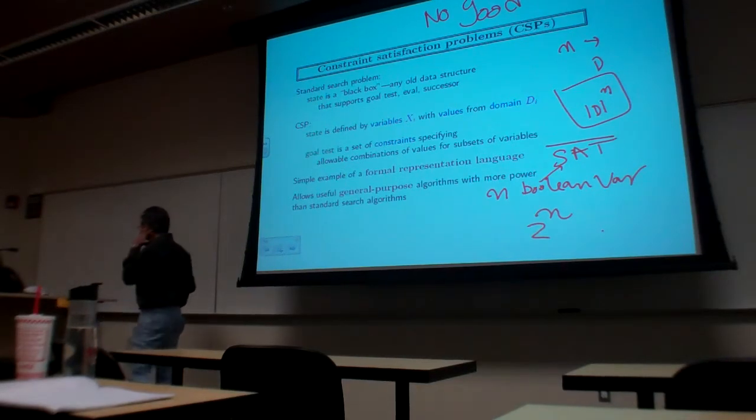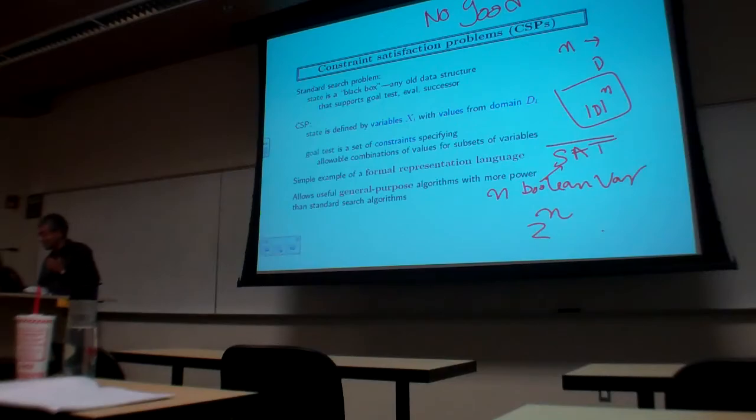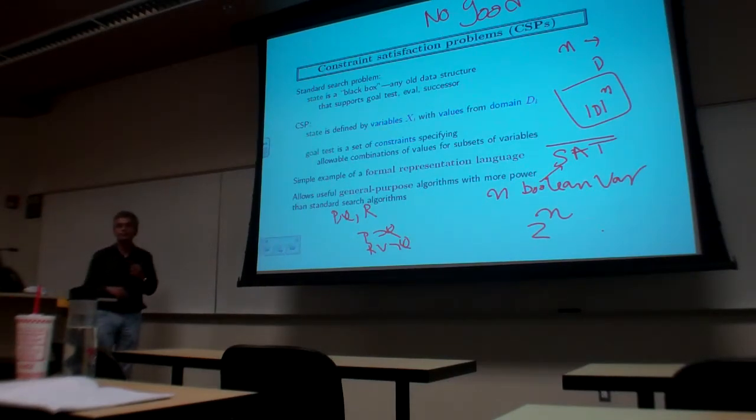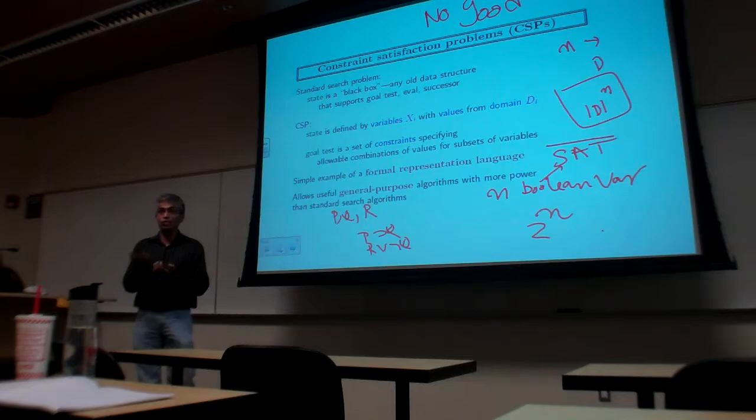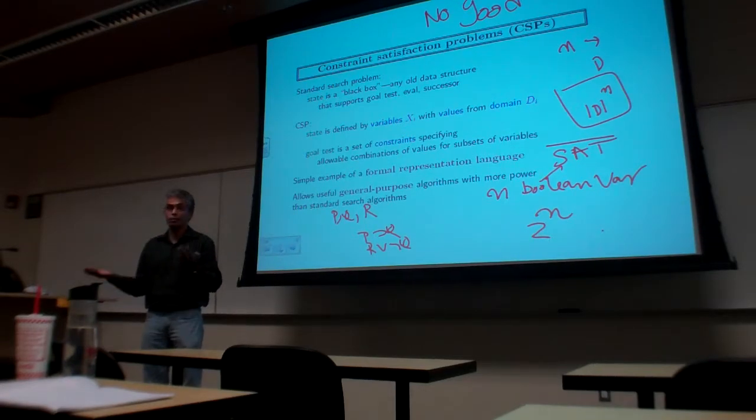In SAT, how do you write the constraints? I might say P, Q, R are my Boolean variables, and my constraints are P implies Q, and R or not Q. Basically, you write the constraints as propositional formulae that must be satisfied by any complete assignment that you say is a solution.